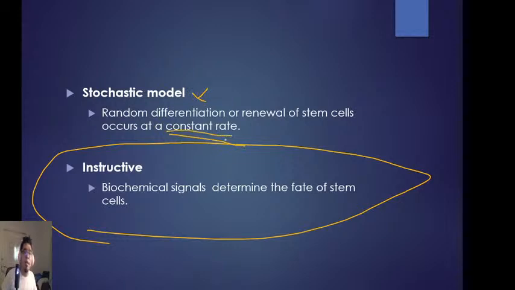The only time that it will stop is when the organism dies, right? So it has a lot of loopholes in it. That's the reason why the instructive model is the much more accepted model. All right? Actually, the more biochemical markers we discover, the more obsolete the stochastic model becomes. All right?